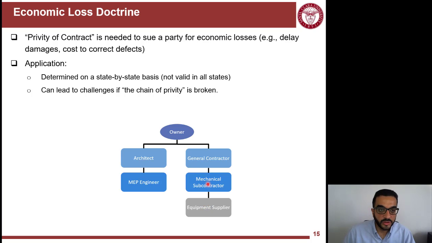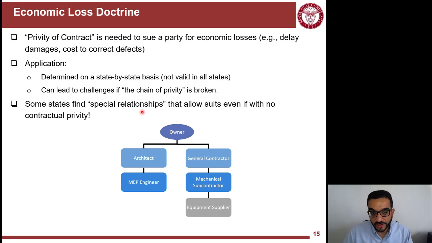They have that relationship with the mechanical sub. It's not even the GC. They have to sue the mechanical sub. And if the damage is caused by the owner, then they need to sue the GC, and then the GC will sue the owner. Or they can join forces and sue the owner together, but the equipment supplier cannot directly sue the owner right away.